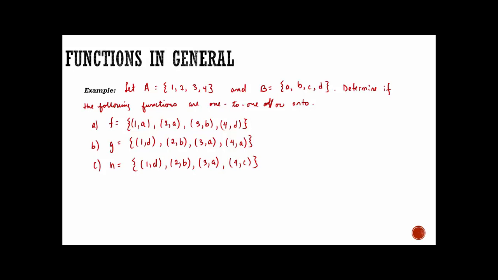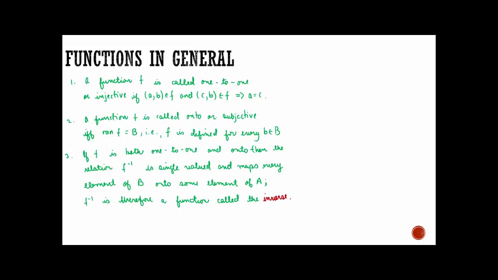Again, if you go back here, it is going to be one-to-one if you have elements (a, b) in f and (c, b) in f, then that implies that a is going to be equal to c.